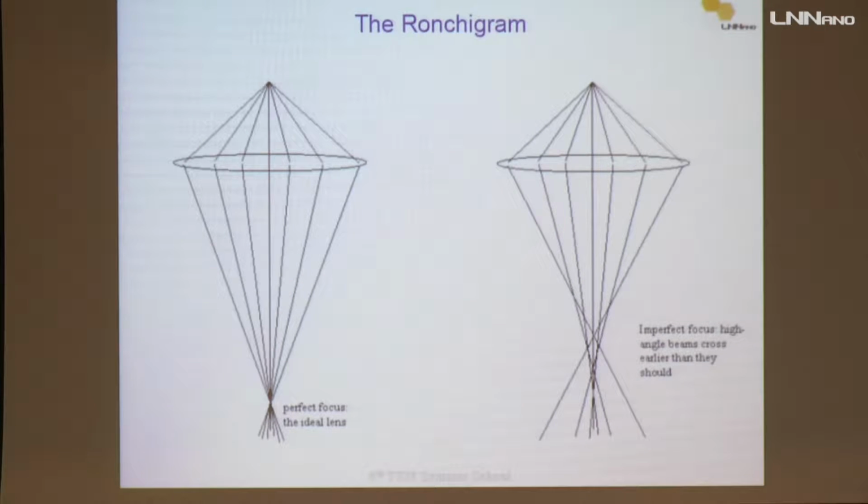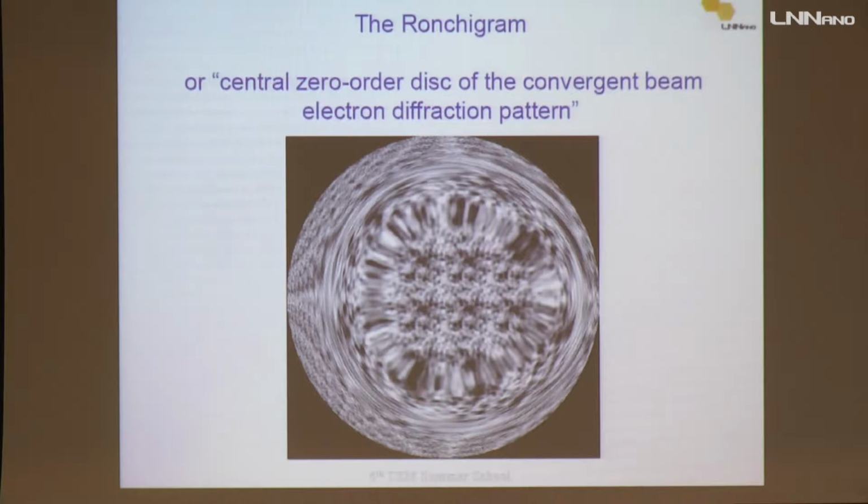The center of your lens will have the most homogeneous magnetic field, but near the edge of your lens there will be a very high magnetic field, and this causes the distortions and aberrations that we see in the Ronchigram.